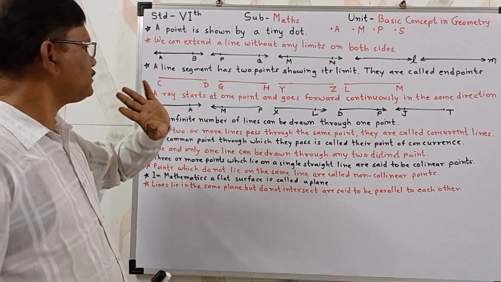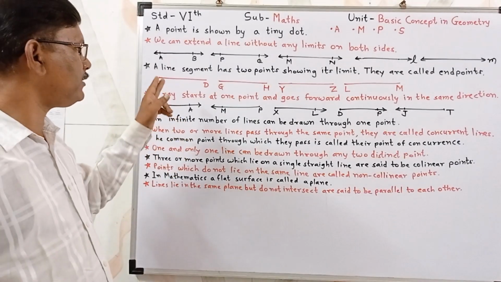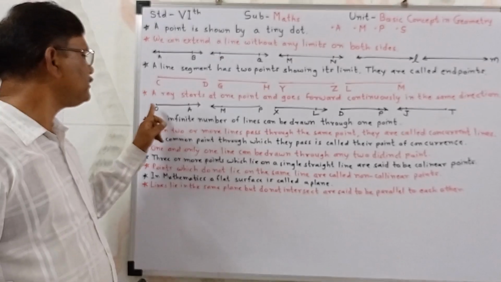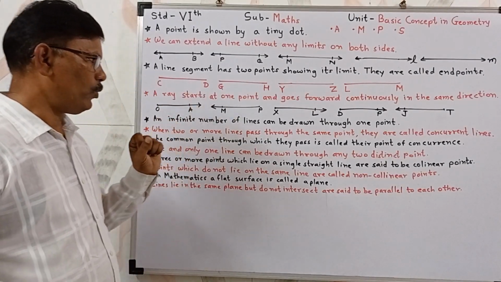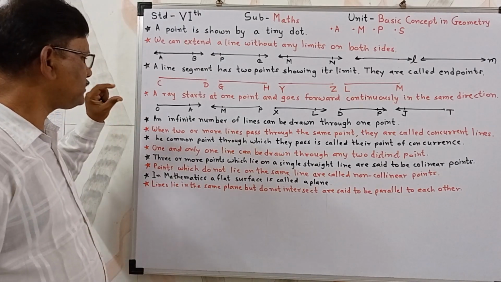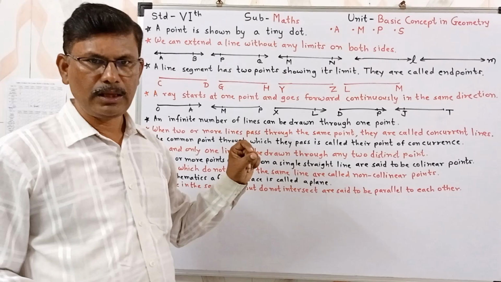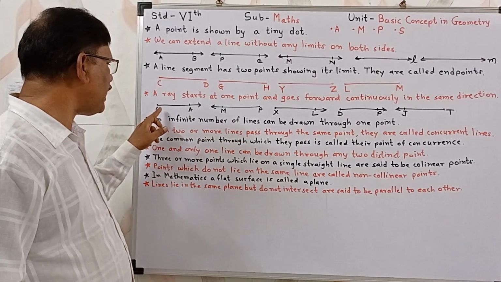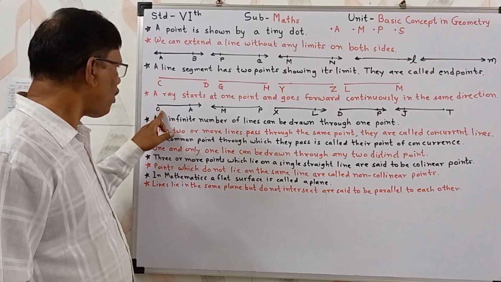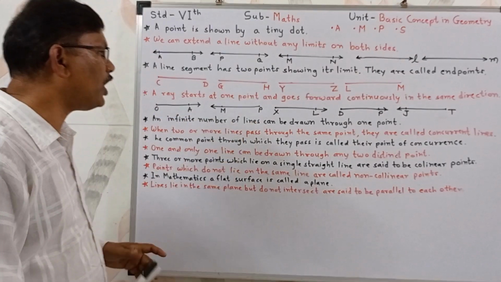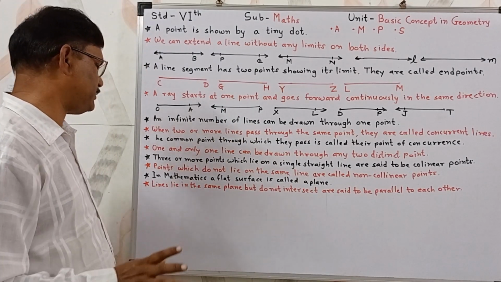The next concept, that we first see a point, then a line, then we see the segment, and the next one is a ray or arrow. The ray starts at one point and goes forward continuously in the same direction.